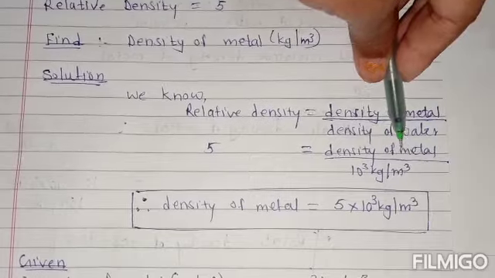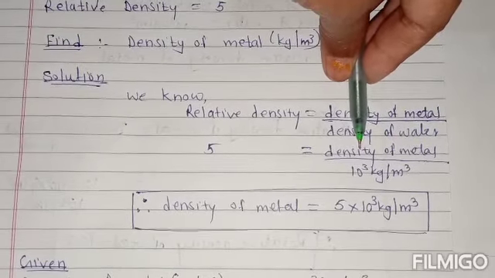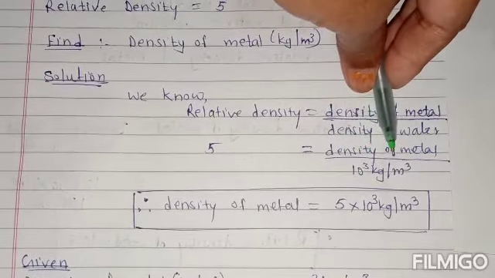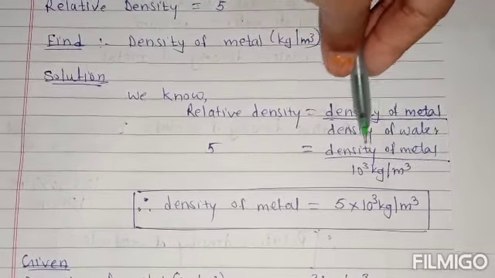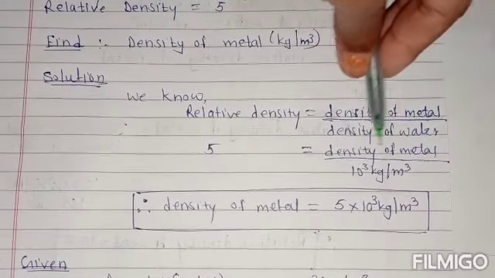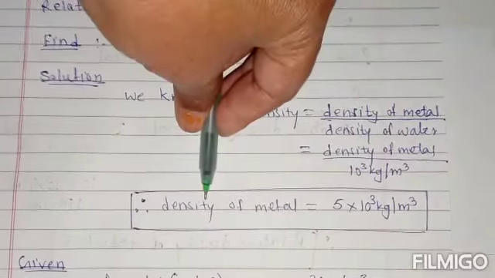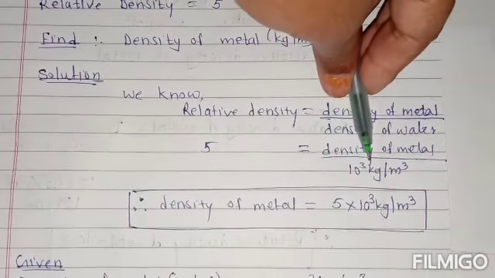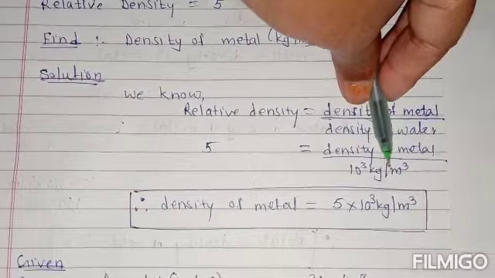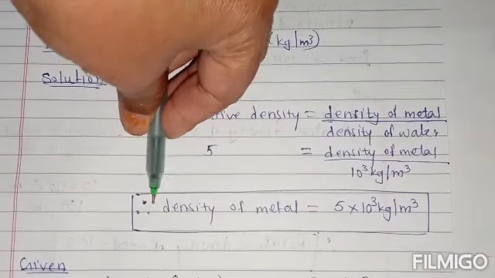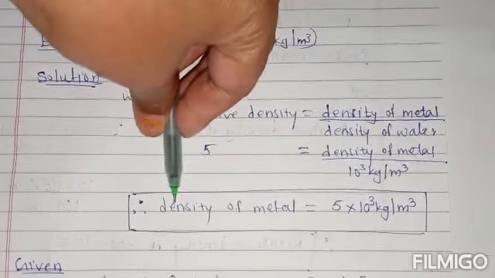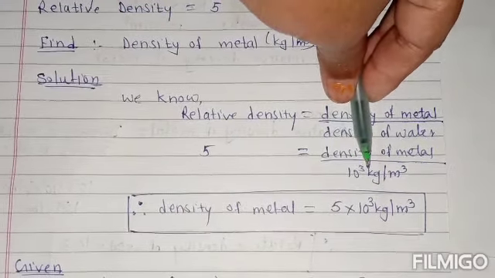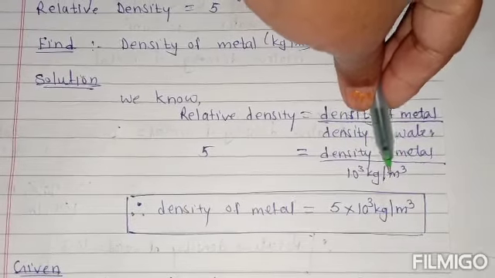Okay, you have to find density of metal. So you have to multiply this 5 into 10 raised to 3 kg per cubic meter. When we take density of water to this side, the 5 will be multiplied with 10 raised to 3 kg per cubic meter.